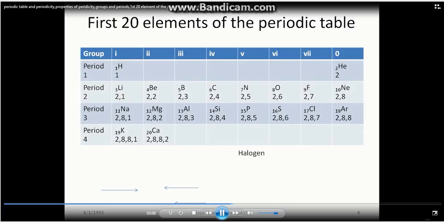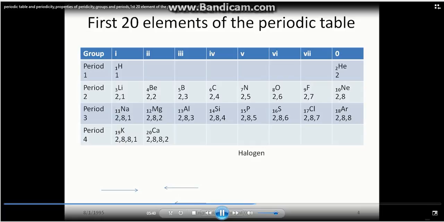Group 3, period 2 we have boron. Group 4 period 2 we have carbon. Group 5 period 2 we have nitrogen. Group 6 period 2 we have oxygen. Group 7 period 2 we have fluorine. Group 8, or group 0, period 2 we have neon.